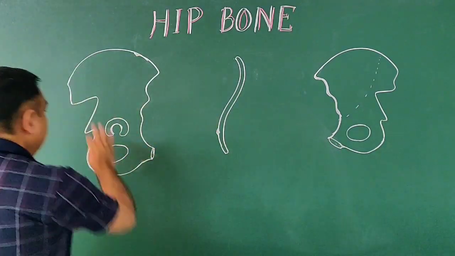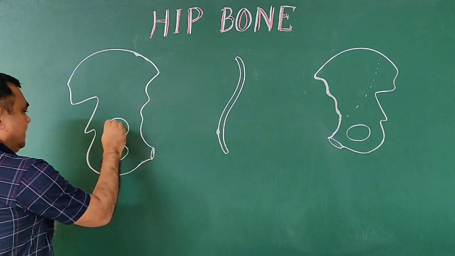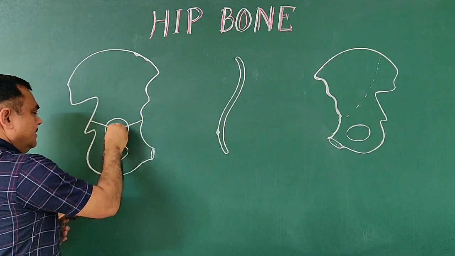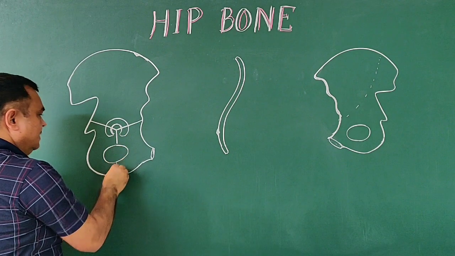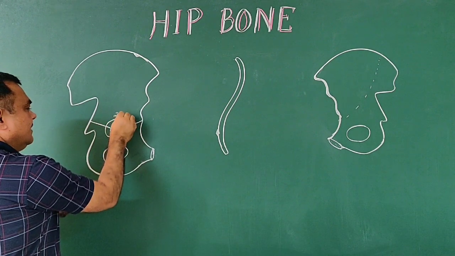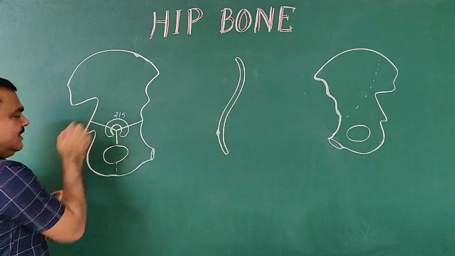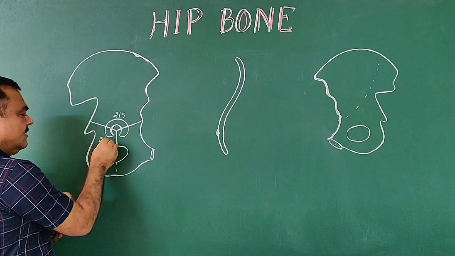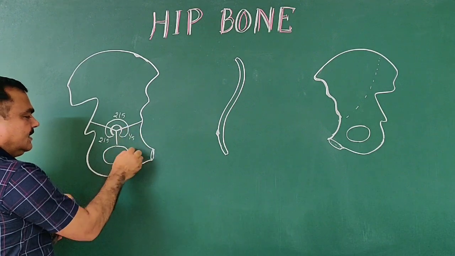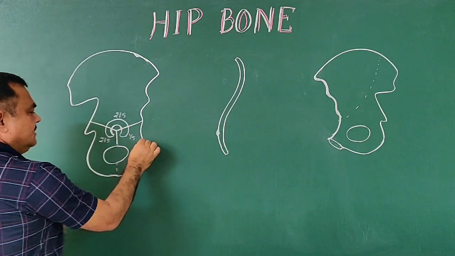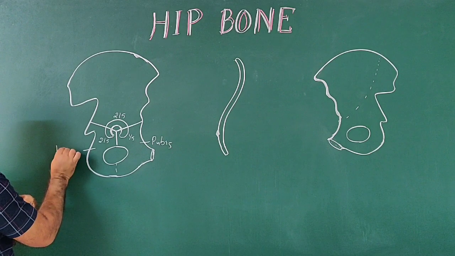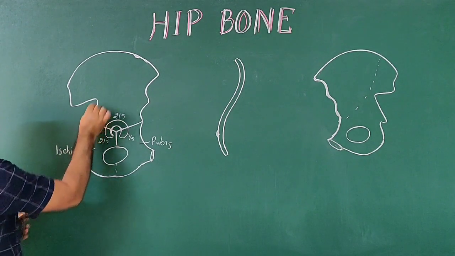This hip bone is made up of three bones. This is the acetabulum. About 2/5 of the acetabulum is formed by the ilium, 2/5 by the ischium, and 1/5 by the pubis. This bone is pubis, this is ischium, and this is ilium.